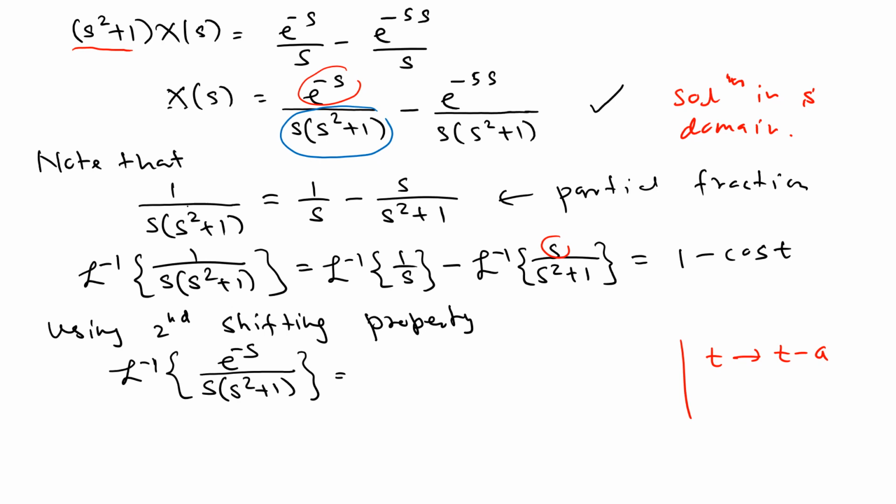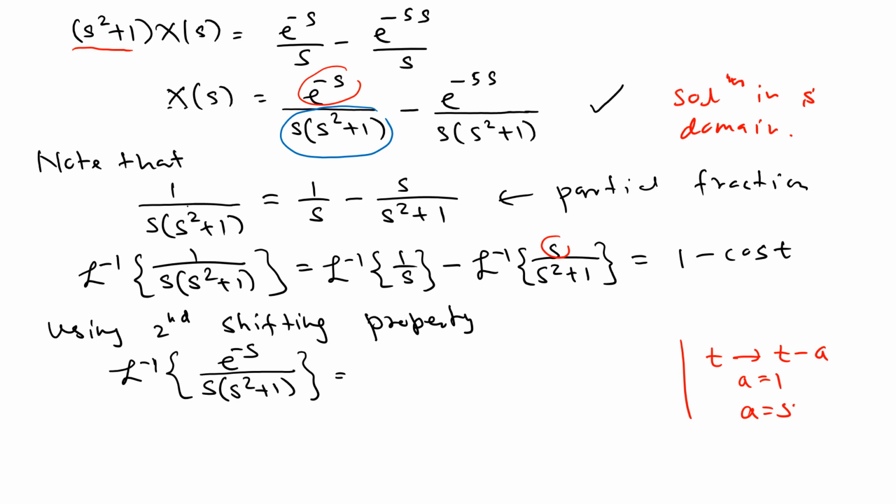If you identify what a is, a comes from the exponential part. In the first one, a is equal to 1. In the second one, a is equal to 5. So let's do that separately. For the first one, you replace each t by t minus 1.